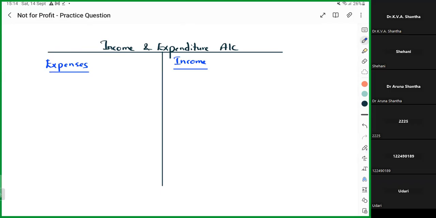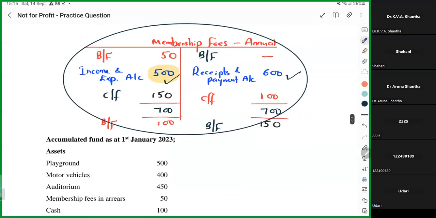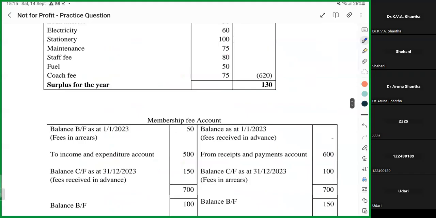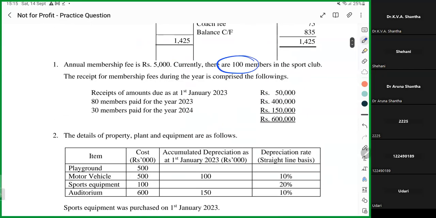Now we know the membership is income. From the membership fees account, annual total income is 500. So how do you get 500? You see the question, you had 100 members.